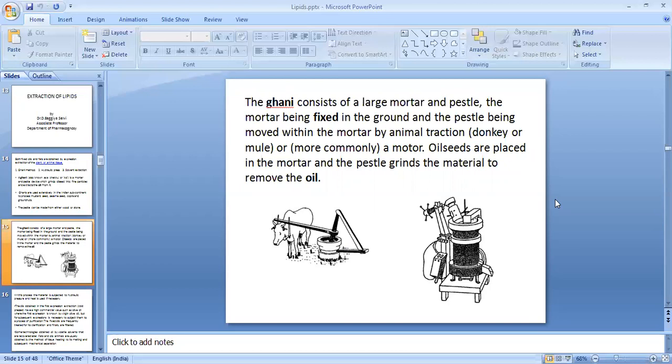The animals used are usually bullocks, and sometimes the donkey also can be used. And the seeds from which the oil should be extracted are placed in the mortar, and that will be moved along with the vessel, or it is power driven.